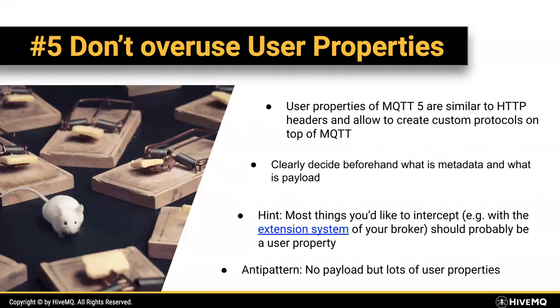There are some best practices for user properties, like if you encrypt your payload, then it is a best practice to have some header which tells the application that this is encrypted, and probably also what way to decrypt, without, of course, giving away any secrets.